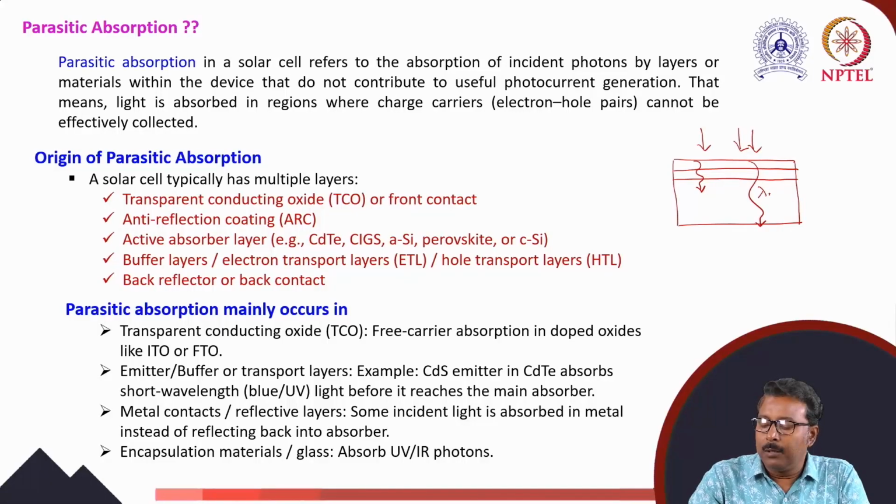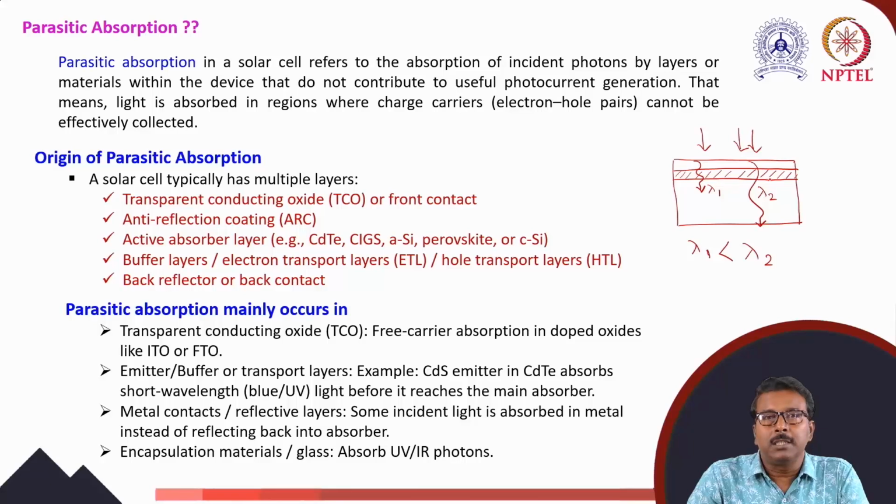If this is lambda 2 and this is lambda 1, then lambda 1 must be less than lambda 2. So near the emitter layer, short wavelengths, that is the blue portion or ultraviolet portion of the solar radiation, are mainly absorbed here.